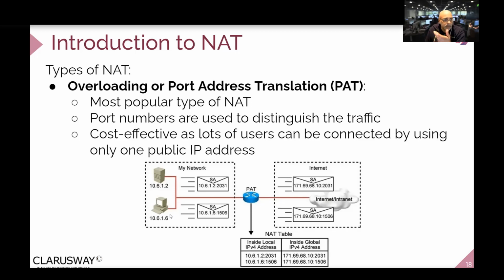So it's using port numbers as a proxy for your IP, but it's still doing that network address translation, because you can see here 10.6.1.2, 10.6.1.6, but they both translate to 171.69.68.10.